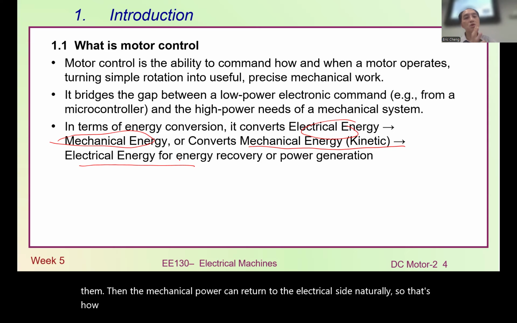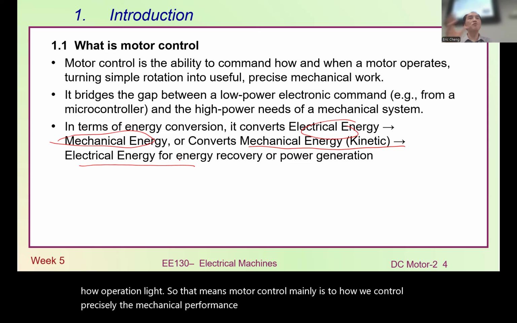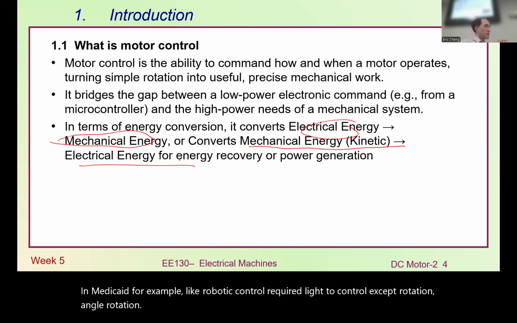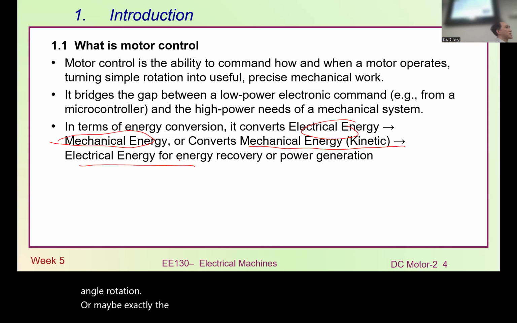So motor control is mainly about how we control the mechanical performance precisely using electrical means, not just provide rotation. In many cases, for example robotic control, we quite like to control exact rotation, the exact angle you're going to rotate, or the exactly linear motion, or the exact position you want to control.